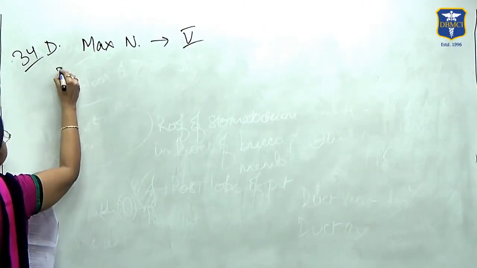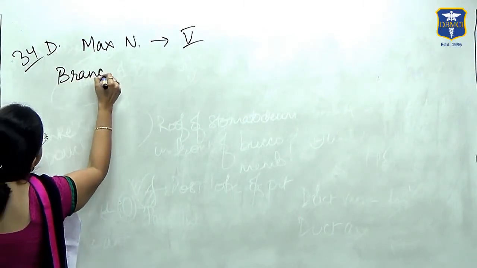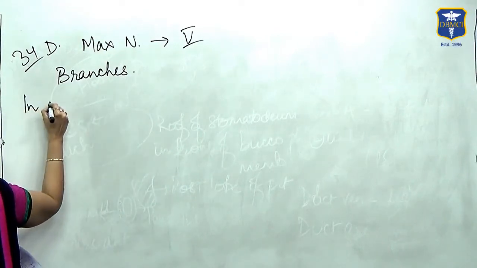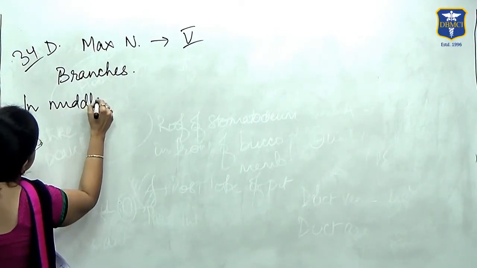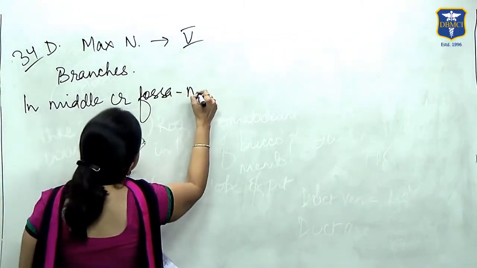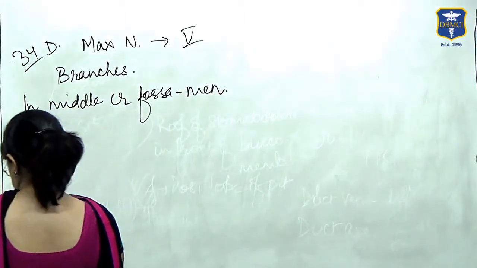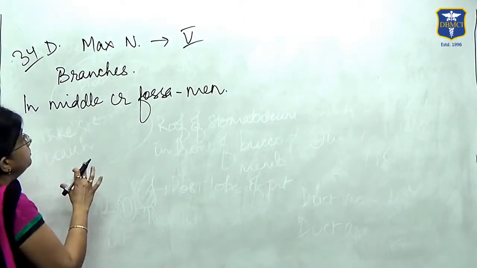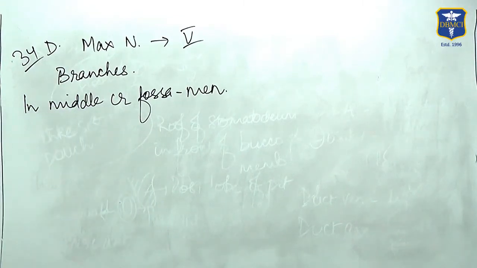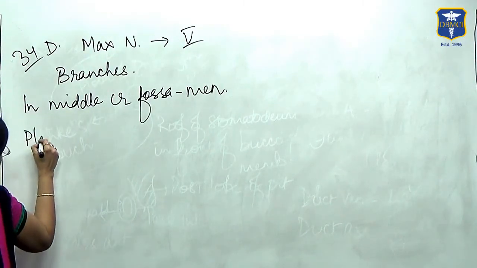Let us look at the branches of maxillary nerve. In the middle cranial fossa, it gives the meningeal branch. From the middle cranial fossa, it will go to the pterygopalatine fossa.